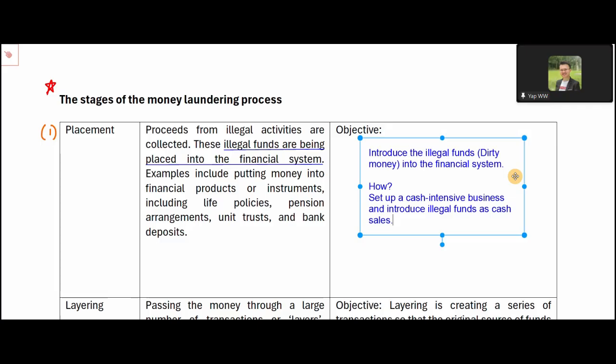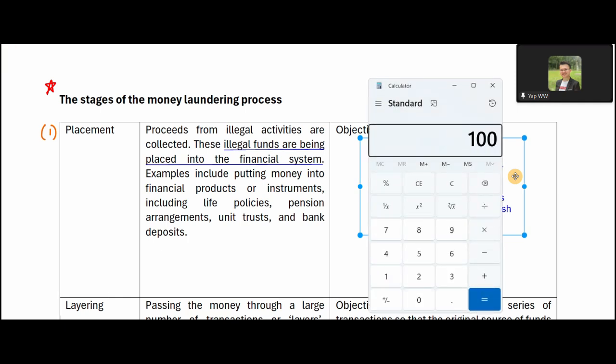Just imagine I have 50 restaurants, and this 10 million is divided by 50 restaurants, so each restaurant will need to clean 200,000 of the dirty money. So we include 200,000 as cash sales for a restaurant that operates every day, let's say over a 1 month period of 30 days.